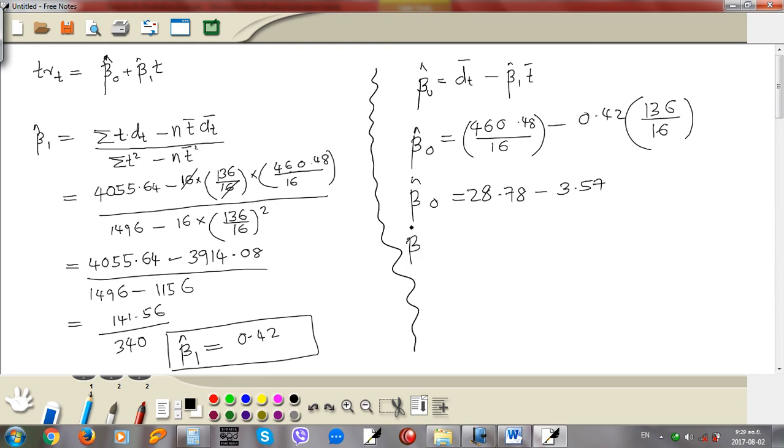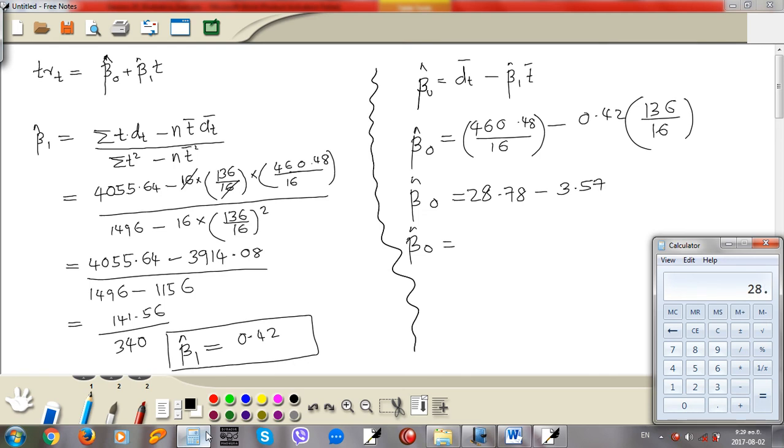Beta naught hat comes as 28.78 minus 3.57, that is 25.21.